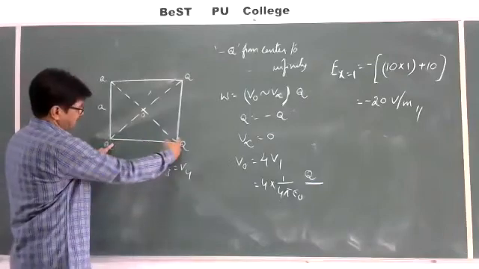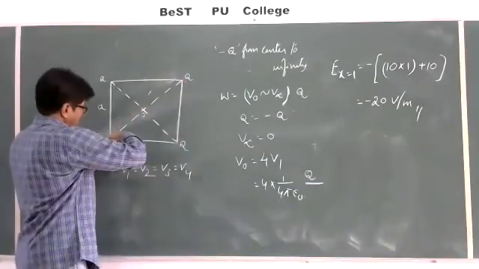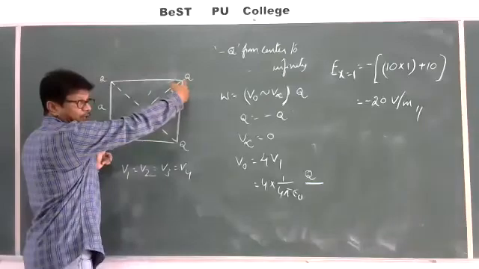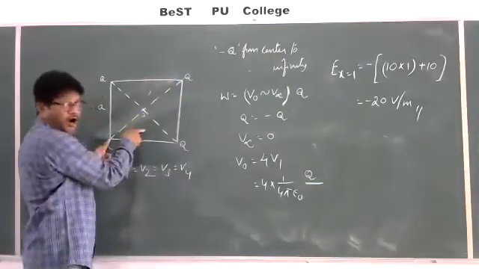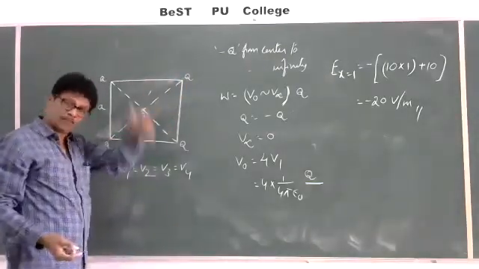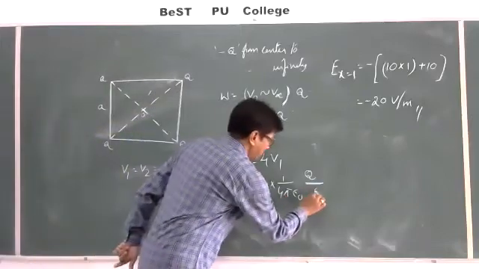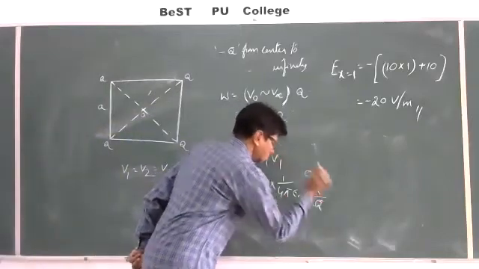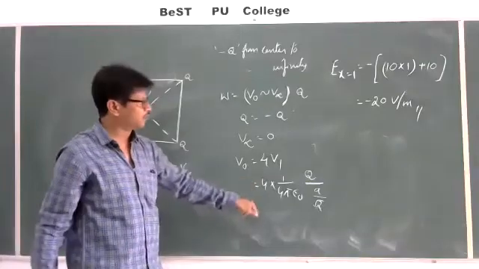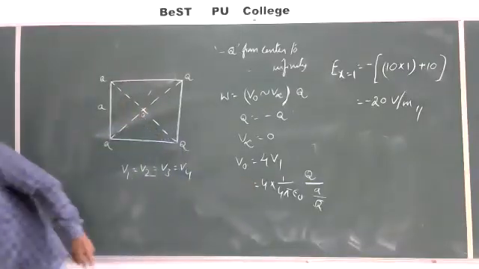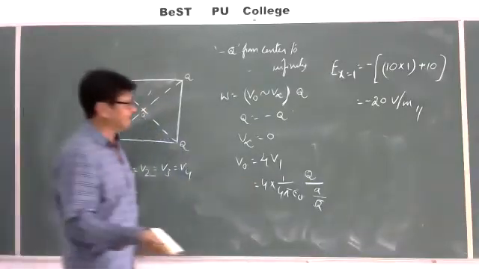This is A and this is A, so the diagonal will be root 2A if you apply the Pythagoras theorem. In that half, root 2A by 2, so A by root 2. That will be the potential at O.